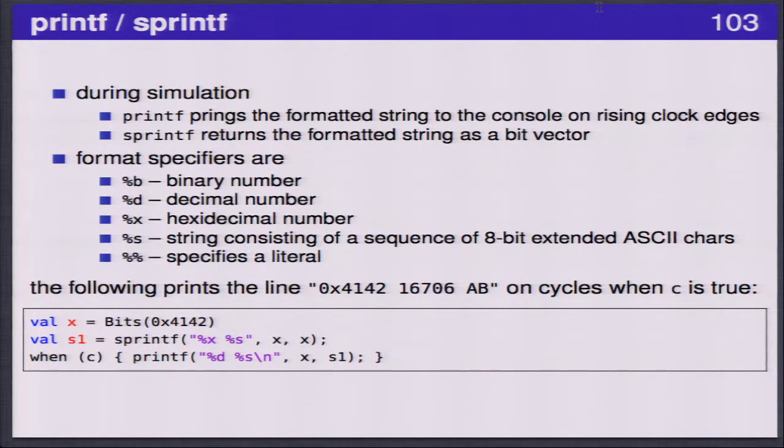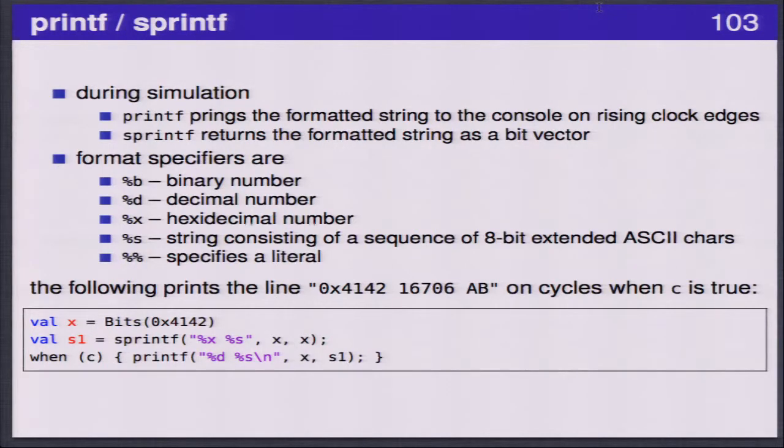So one thing that is pretty useful as a technique of last resort is to do printfs of your state. We have this support where you can write printfs in your code, and they can be conditionally executed, and you can build up strings as well.